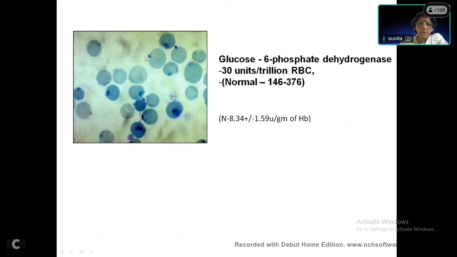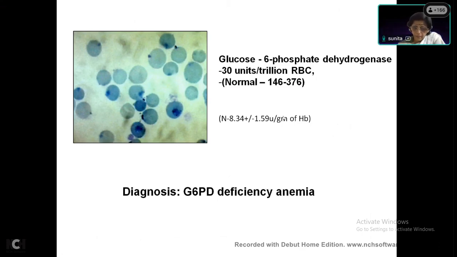We can see here the inclusions, or Heinz bodies, which are characteristically seen in G6PD deficiency. Seeing those bite cell-like morphology, and a few spherocytes also, if you do a simple retic preparation you can make out these Heinz bodies and suggest the diagnosis. You can do the assay for G6PD. The diagnosis was confirmed as G6PD deficiency anemia.